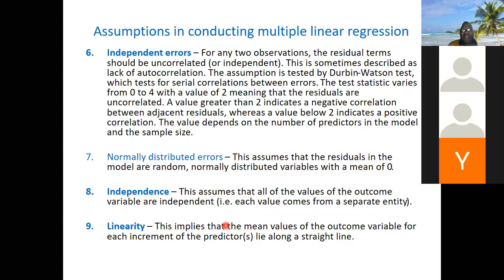Normally distributed error. We are talking of the error all the time now. Most of the assumptions that apply to the variable generally, when we talk about using parametric tests, are applied not to that variable but to the residual in regression. Can you see? The residual should be normally distributed.